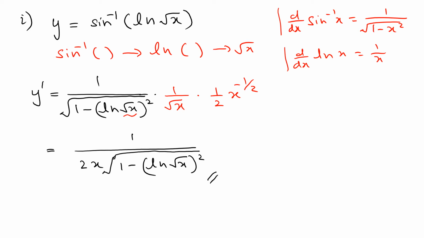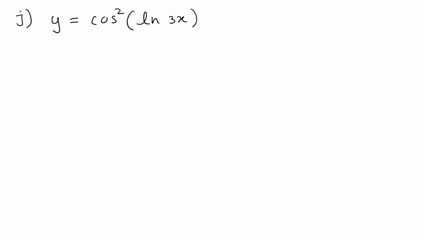Okay, so let's look at the next one. As the next problem, we have y equals cosine squared of ln 3x. So be careful about what this really means. You can see that we have ln 3x, and the way we write ln 3x, it acts as one function. If there's a confusion, you can put a parenthesis there, so you should be able to read what the actual function is.